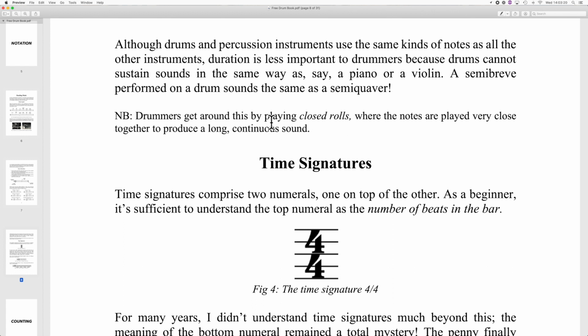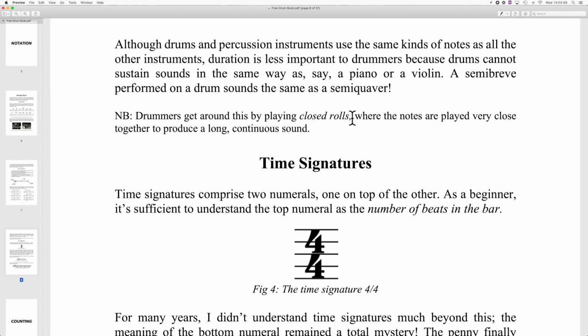Drummers get around this by playing closed rolls, where the notes are played very close together to produce a long, continuous sound. I don't have my drums near me at the moment. I would show you one, but I'm sure you know what a drum roll sounds like. Most people know what a drum roll sounds like. So a continuous roll without any gaps would give the illusion of a sustained sound.